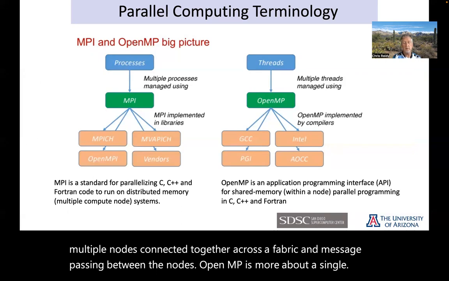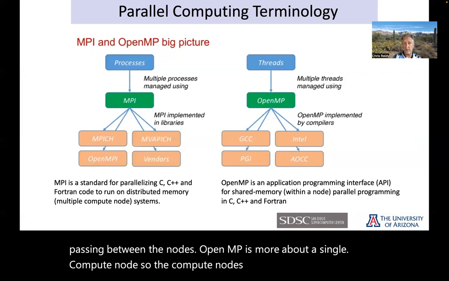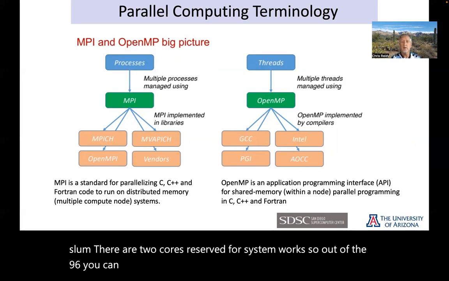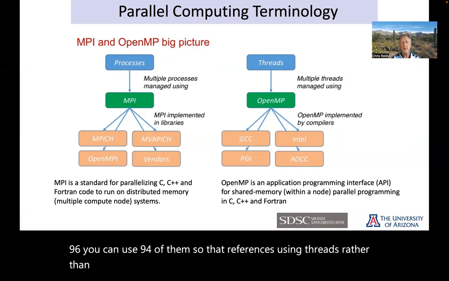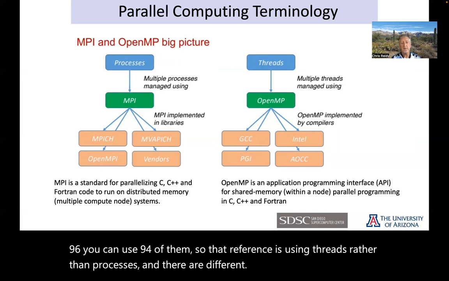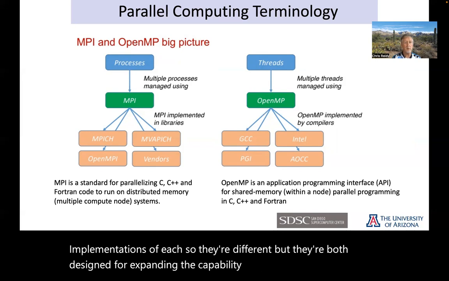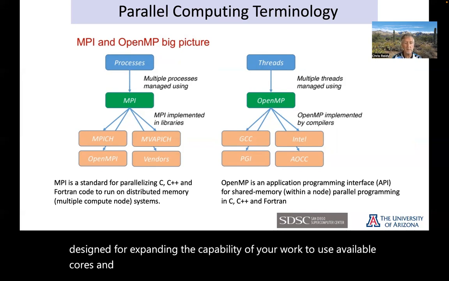So the compute nodes have 94 cores available to Slurm, there are 2 cores reserved for system work. So out of the 96, you can use 94 of them. So that references using threads rather than processes, and there are different implementations of each. So they're different, but they're both designed for expanding the capability of your work to use available cores and available compute nodes.